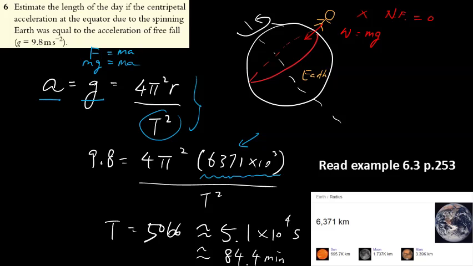And therefore, you need to go on Google. Unfortunately, I don't understand why the question from the textbook doesn't provide it to you. I use this one, 6371 km. I think the textbook used another one, so my answer with the answer key is slightly different, but the idea is the same. And at last, you should be able to find the period for completing one circle is 84 minutes.